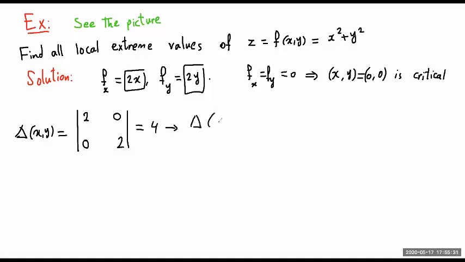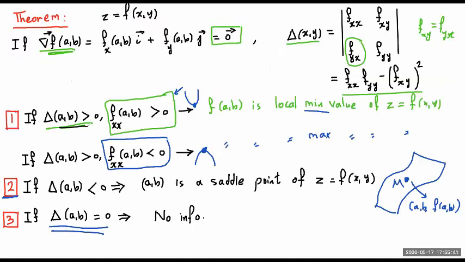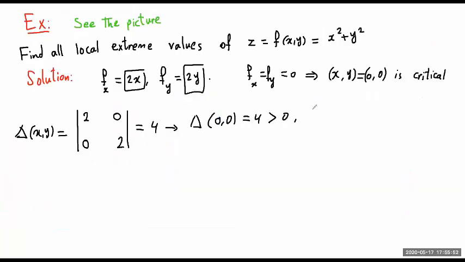So what is delta at (0, 0)? The answer is 4, bigger than 0. We are using the theorem now. I have delta bigger than 0. So let's calculate fxx at (0, 0). If it's bigger than 0, it's a local minimum. So fxx at (0, 0) is 2, bigger than 0.